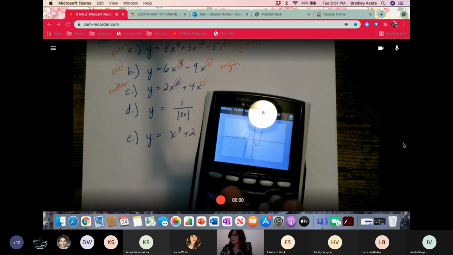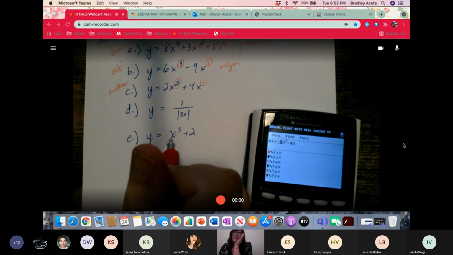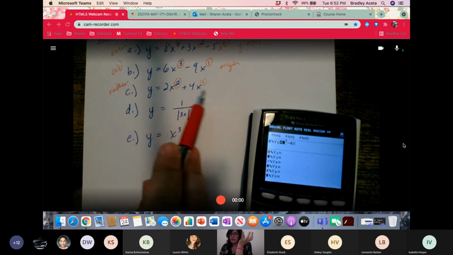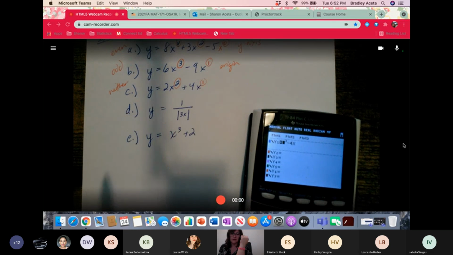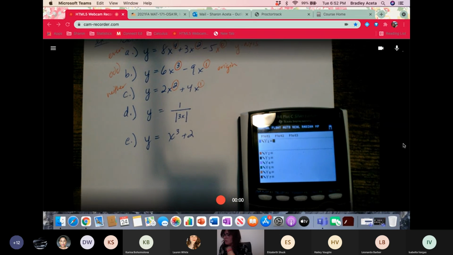I got to finish. Okay, this one you can't do the trick with. The trick only works with a polynomial looking like this, like 6x cubed minus 9x, blah, blah, blah. If it's got like 1 over the absolute value of 3x, that one I would definitely look in my calculator just to see what it's doing. So again, if you don't know where the fraction button is, I think it's alpha, window, and go over to frac.